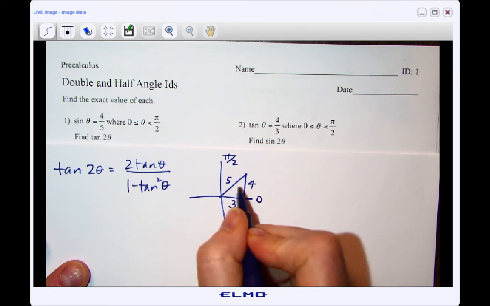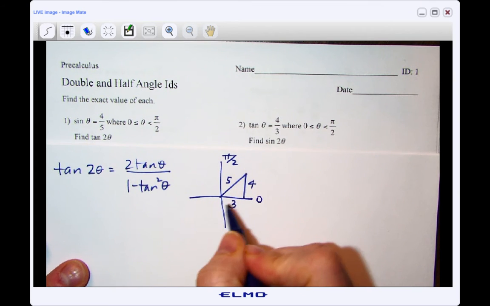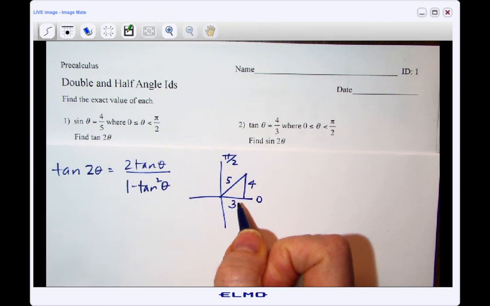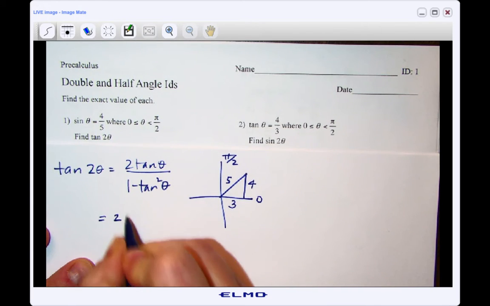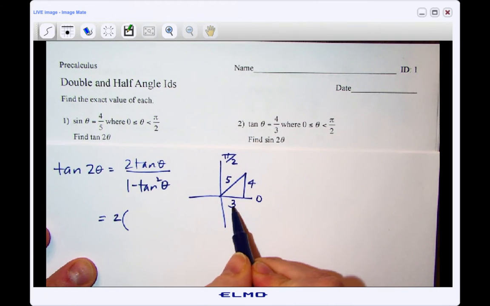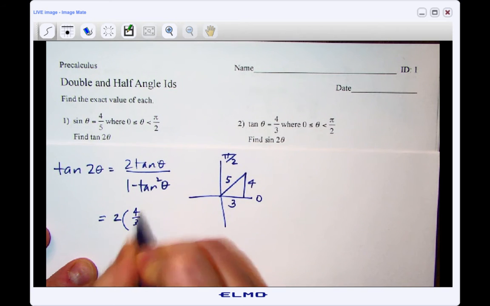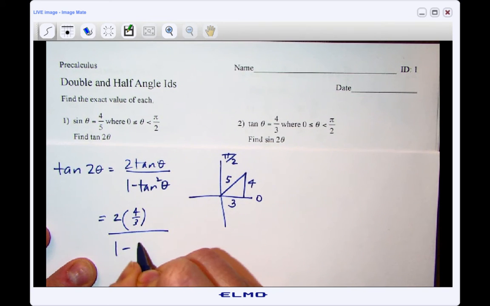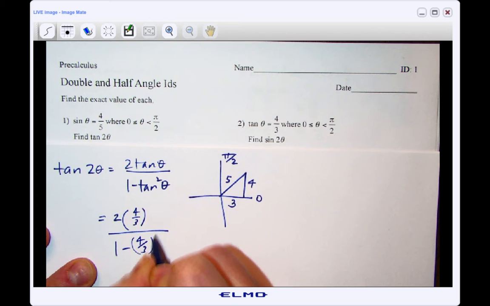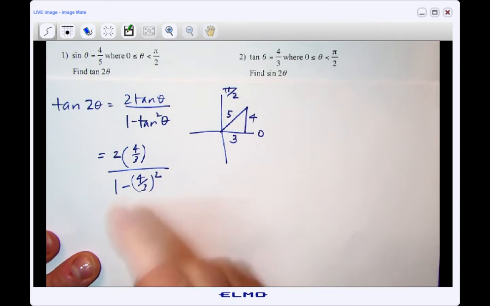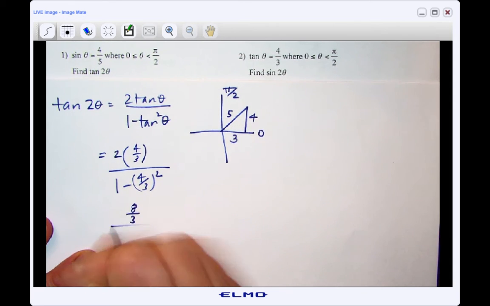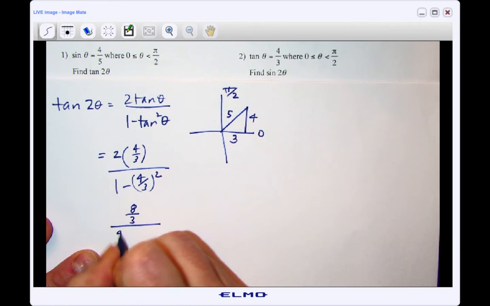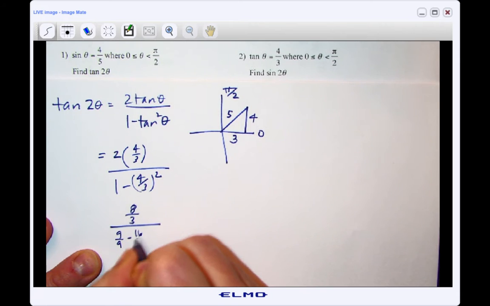So when I plug in my tangent, we're going to get 2, and tangent is opposite over adjacent, so 4/3, over 1 minus 4/3 squared. That gives us 8/3 over 9 over 9 minus 16 over 9.